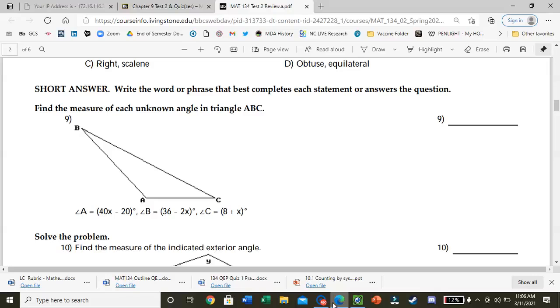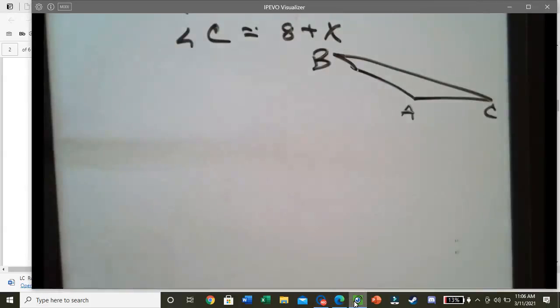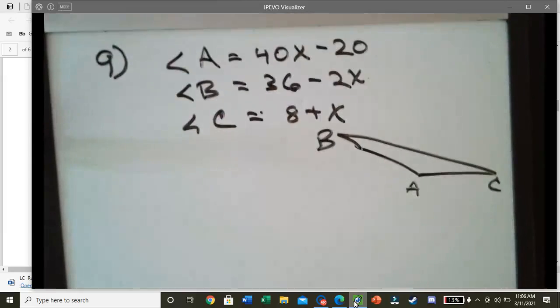And angle C is 8 plus x. All right, and here's a picture of our triangle, A, B, and C. Okay, so all right, so here's our problem.